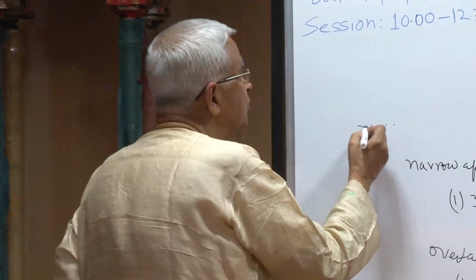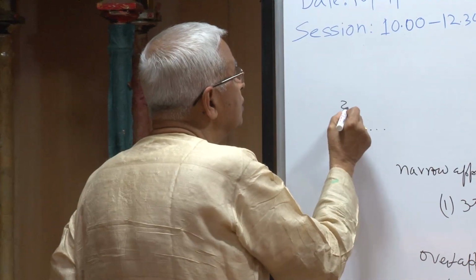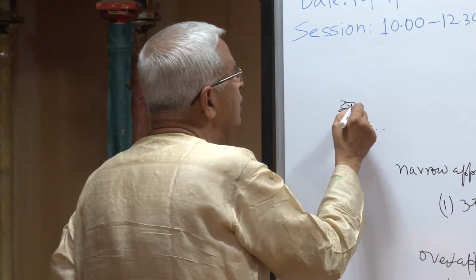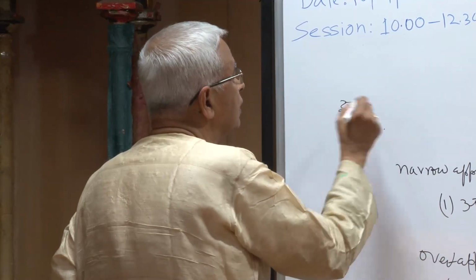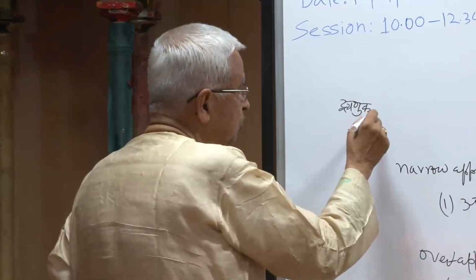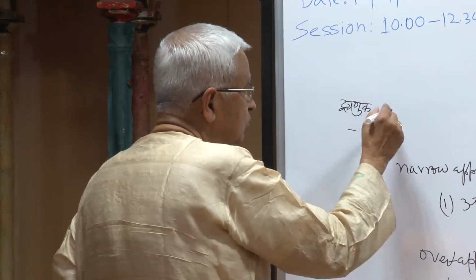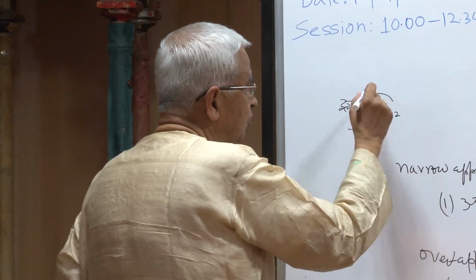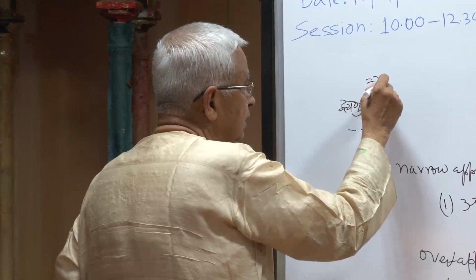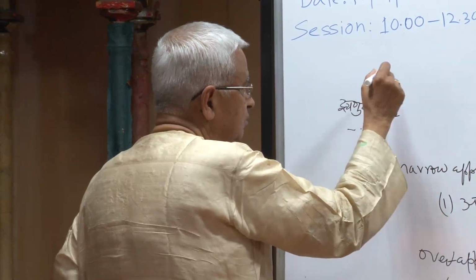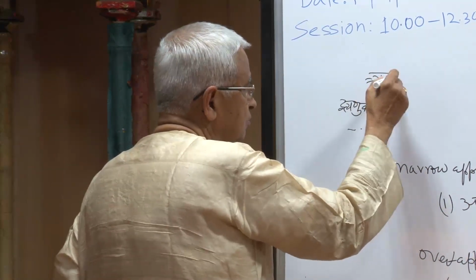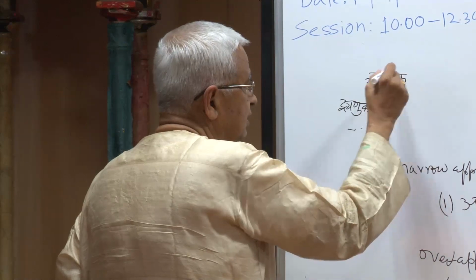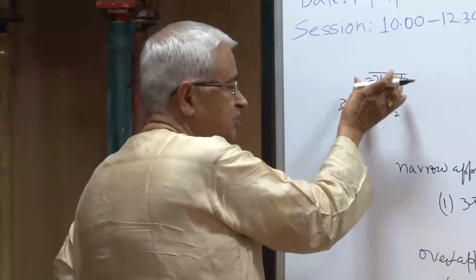Two Paramanus formed one Dvenuka, and two Dvenukas, Dvenuka 1, Dvenuka 2, formed Trenuka. This is the way they have thought. And then mass is created now.